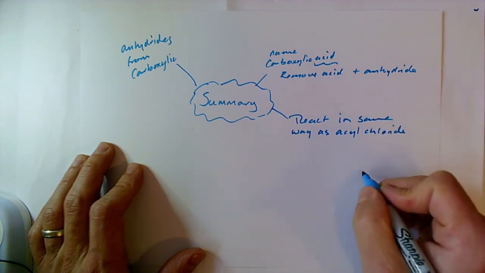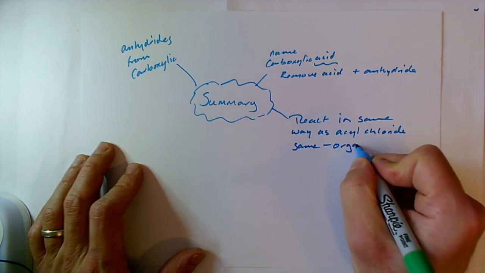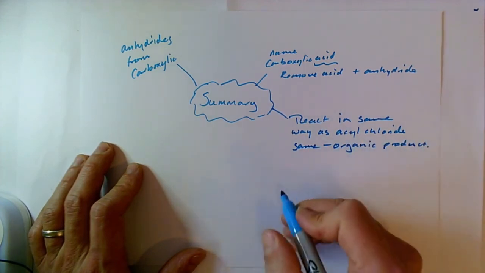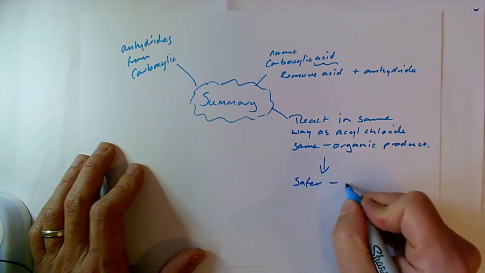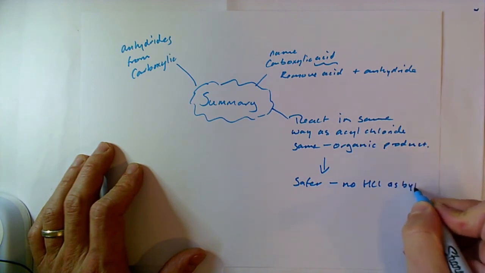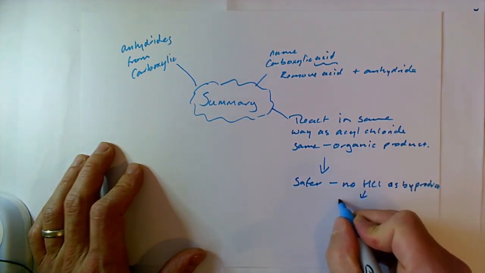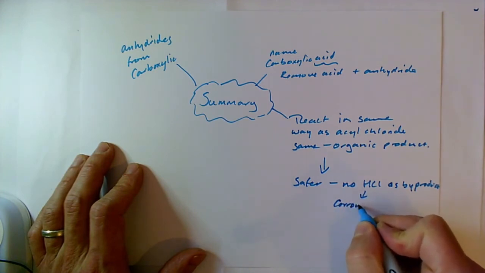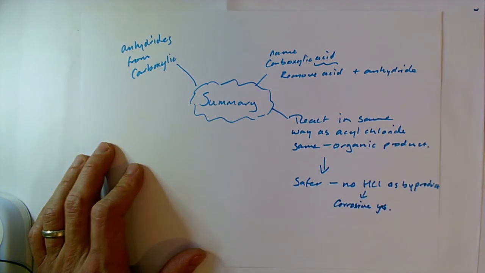And when I say products, I mean the same organic product. But they are safer. There is no HCl as a byproduct, and HCl, if we remember, is a corrosive gas. That's a gas, not a yes.